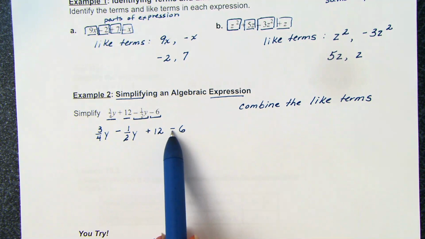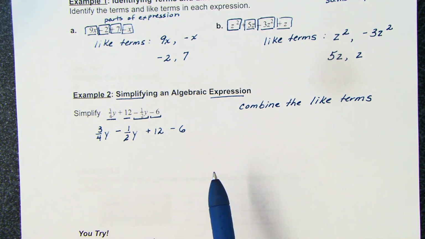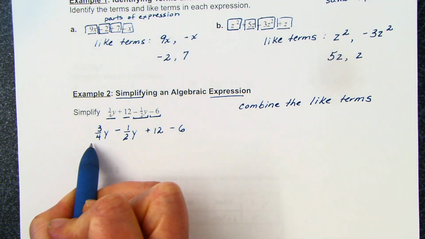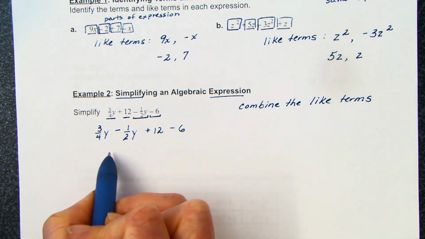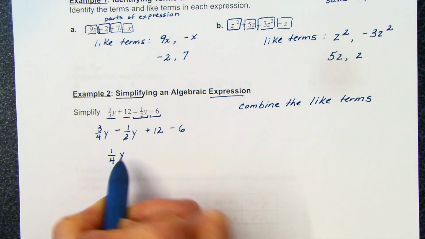Remembering that negative 6 or subtracting 6 is the same as negative 6. You can write it either way. All right, then I know I can do this in my head. I know that 3/4 minus 1/2 leaves me with 1/4 y.